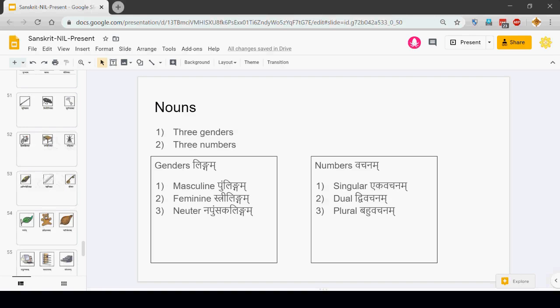Verbs are the words which refer to the action in a sentence. So when we say he goes, she goes, he writes, she writes, that writes is a verb.